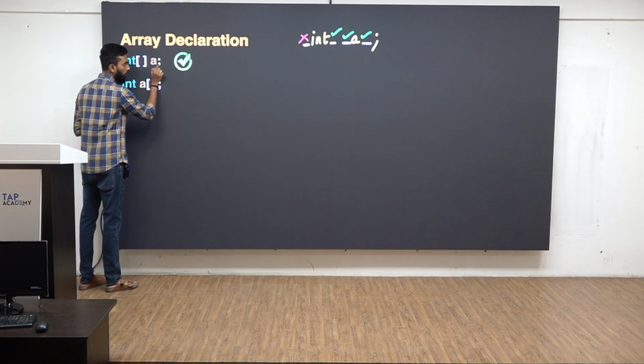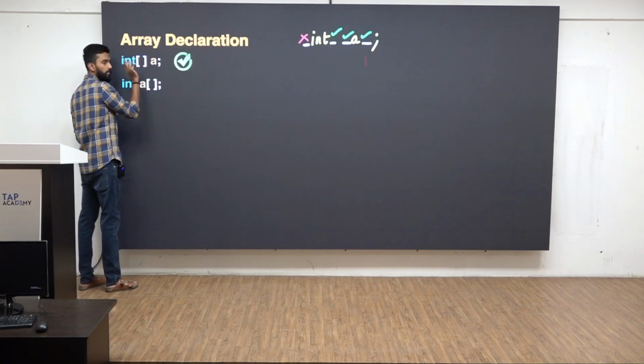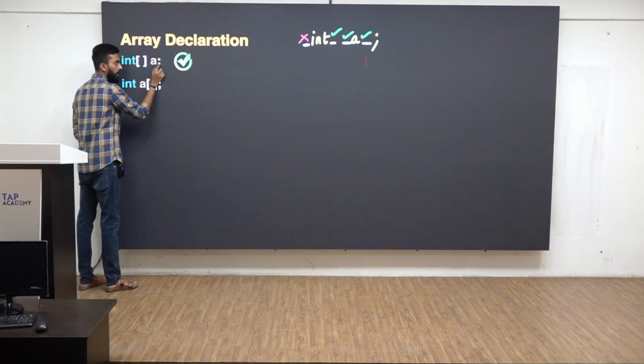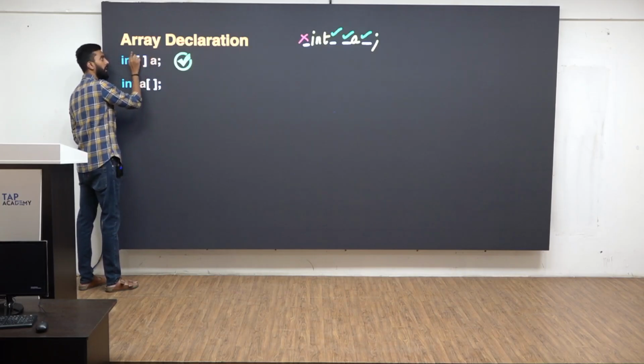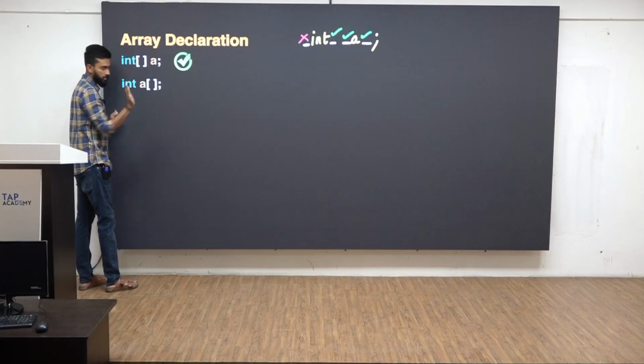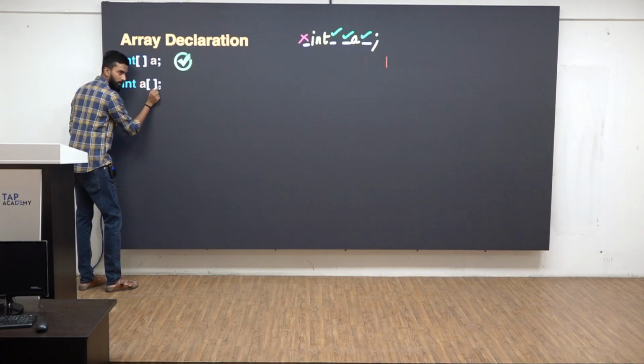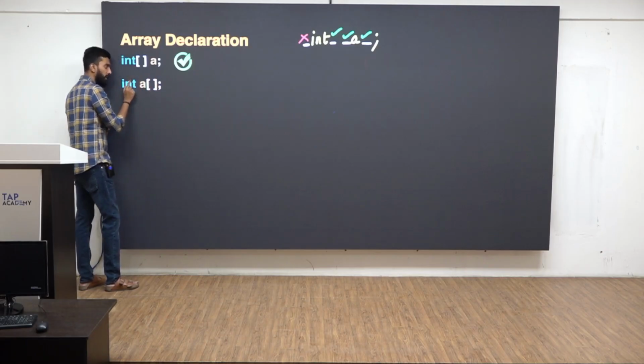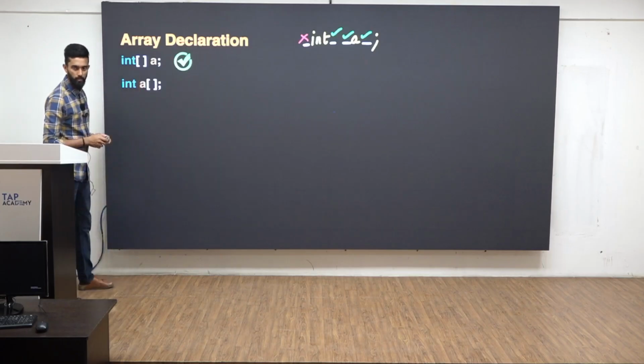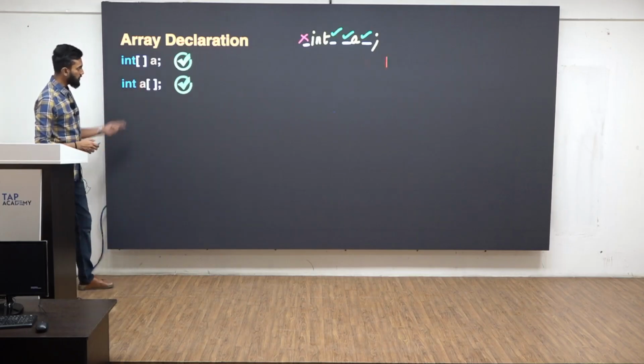Go till the semicolon. Once you hit the semicolon, take a U-turn and read. A is a one-dimensional array of integers. Similarly, read: a is a one-dimensional, you hit the semicolon, take a U-turn, a is a one-dimensional array of integers. Make sense? Tell me, is this valid or invalid?